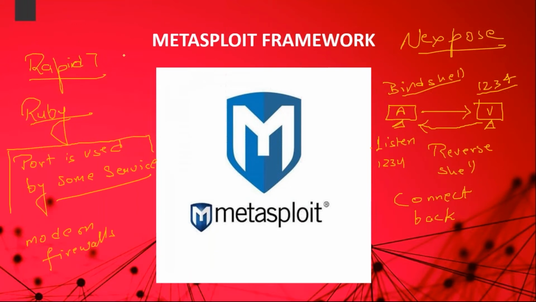The target machine is trying to connect to you, so the firewall will not be checking, because the firewall works for that particular machine, and if that machine wants to connect to someone, the firewall doesn't bother checking packets. So that's why we say we have to use reverse shell.